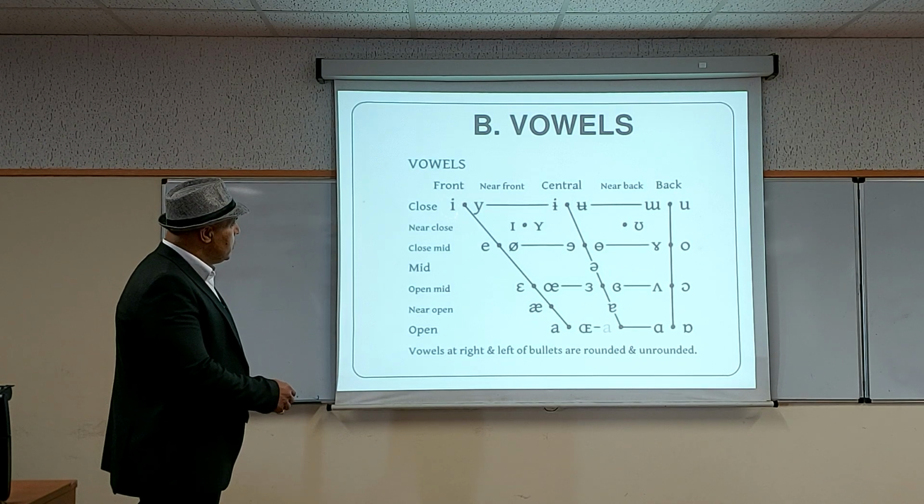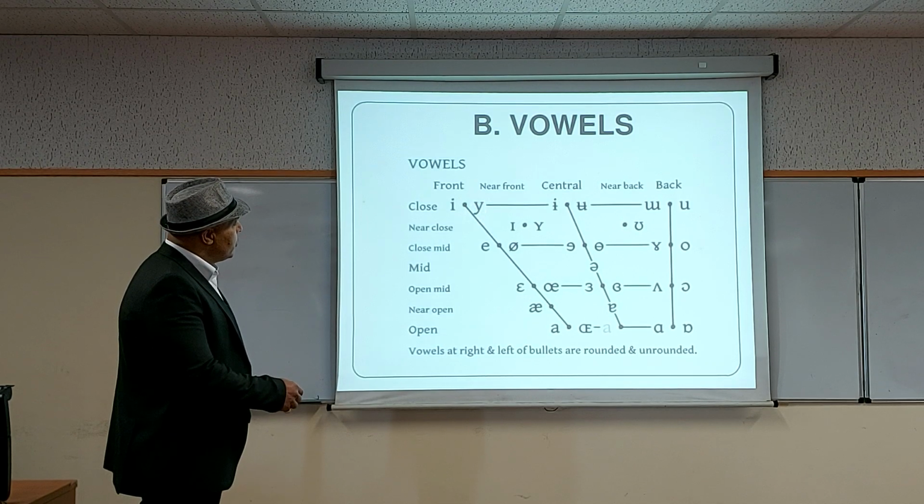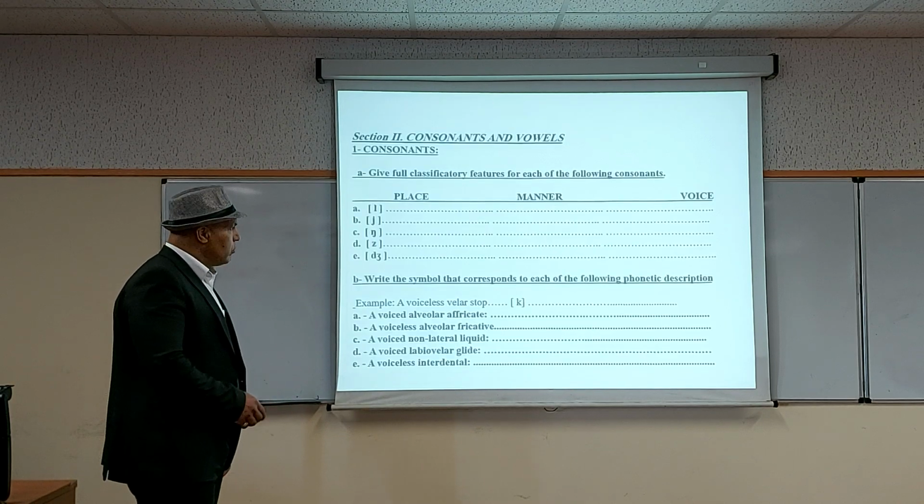For example, i is a high front vowel, but at the same time it is unrounded, and we find its counterpart, which is y, like it exists in the French language, u like in lu, tu. It has the same frontness, the same closeness, but this is rounded and this is unrounded.